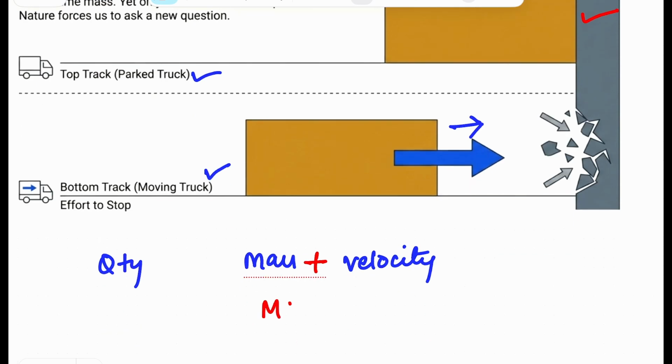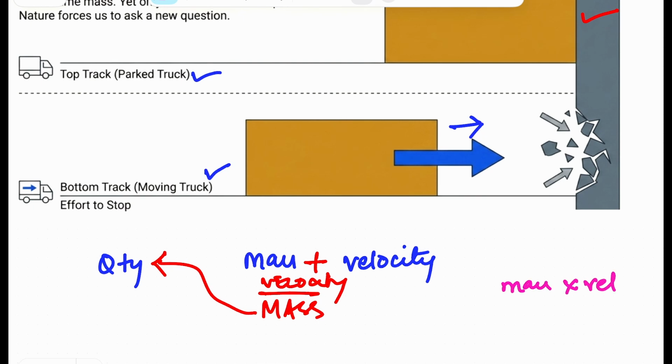It cannot be division also, because a large mass would make this quantity smaller. So the only logical method available is to multiply these two quantities.